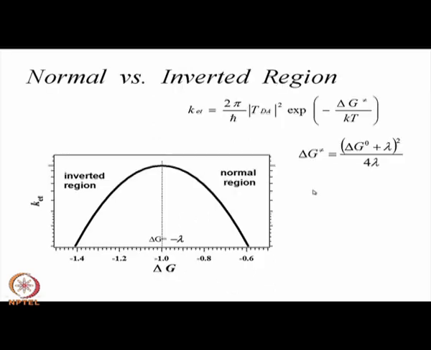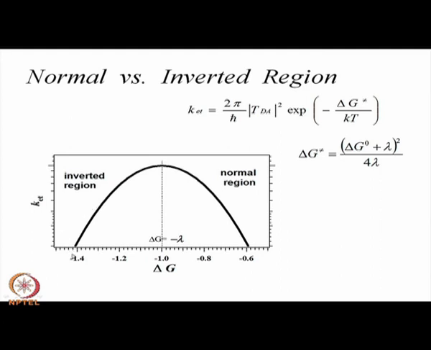So, normal versus inverted. This is your inverted region, and this is your normal region, where the electron transfer rate is increasing and then the electron transfer rate is decreasing.